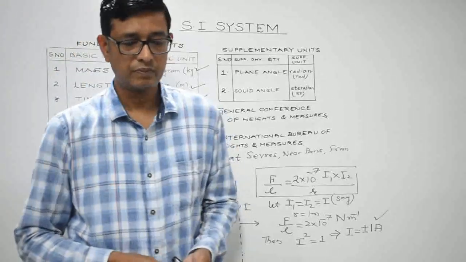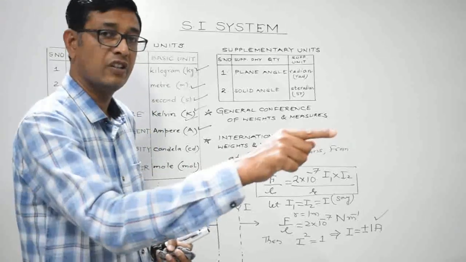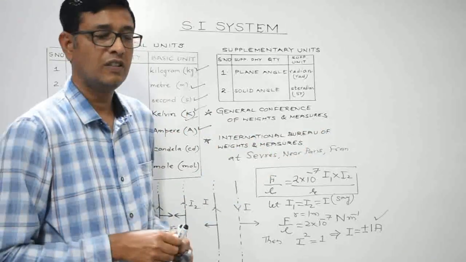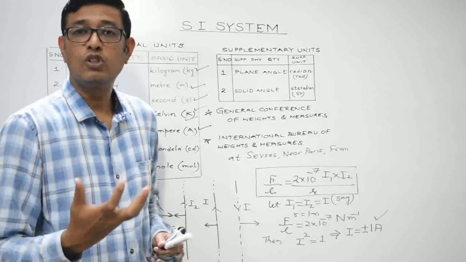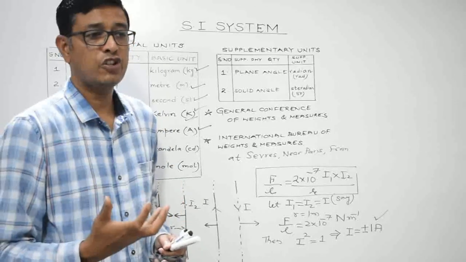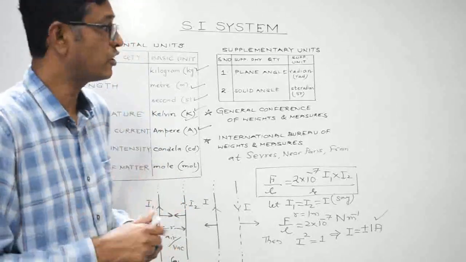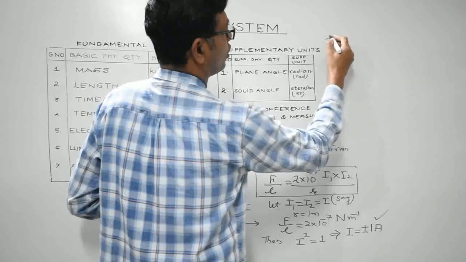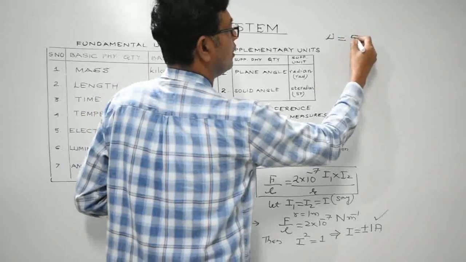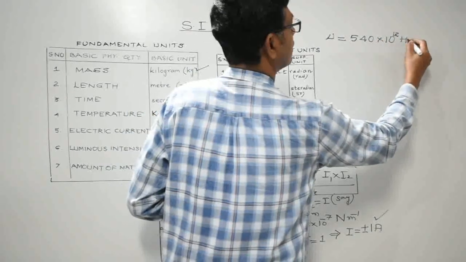Now look, luminous intensity in a given direction due to a source is that amount of light which emits a monochromatic radiation of frequency 540 into 10 raised to 12 Hertz.